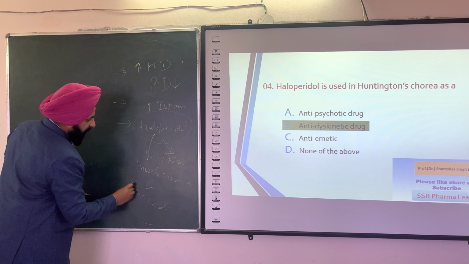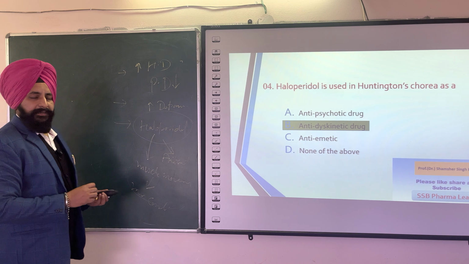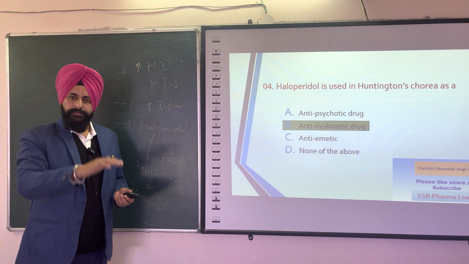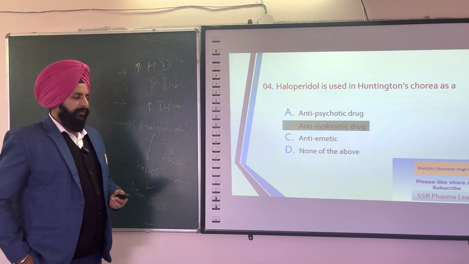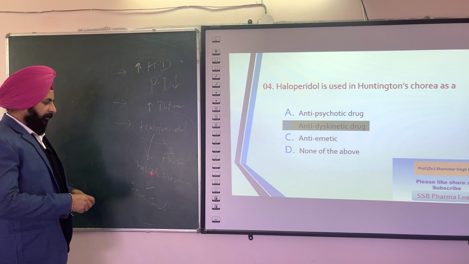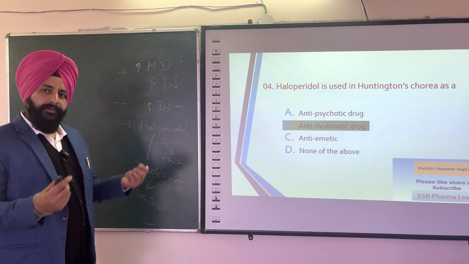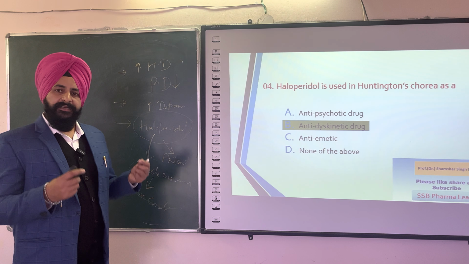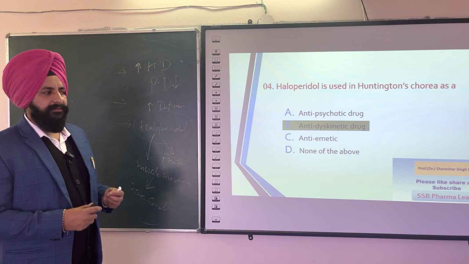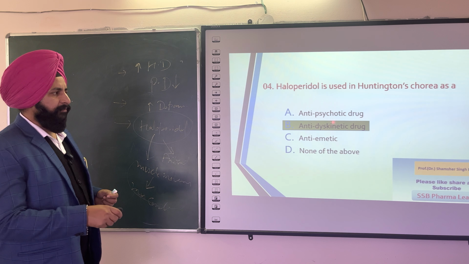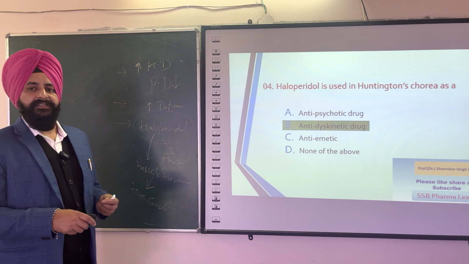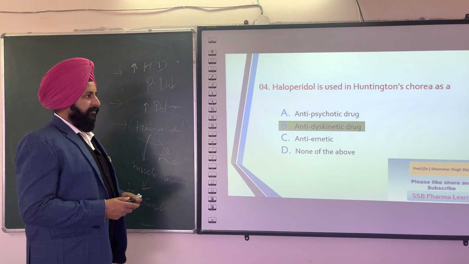This is the mechanism how haloperidol reduces the dopaminergic activity, thereby reducing the excessive muscular movements and maintaining the muscle coordination. So haloperidol is preferred as an antidyskinetic agent in Huntington disease.